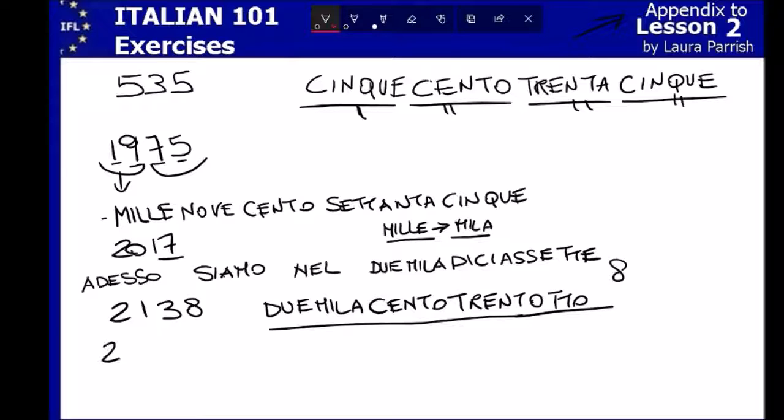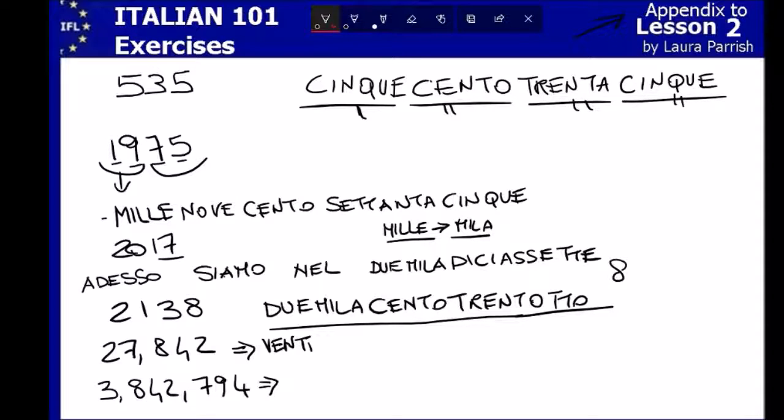Let's do a couple more. Let's do 27,842, and let's do 3,842,794. Let's say those two numbers in Italian, and we close with the lesson. Okay, 20 means 20. Then the number 7, 27, then 1000, but the plural is mila, 27,000.